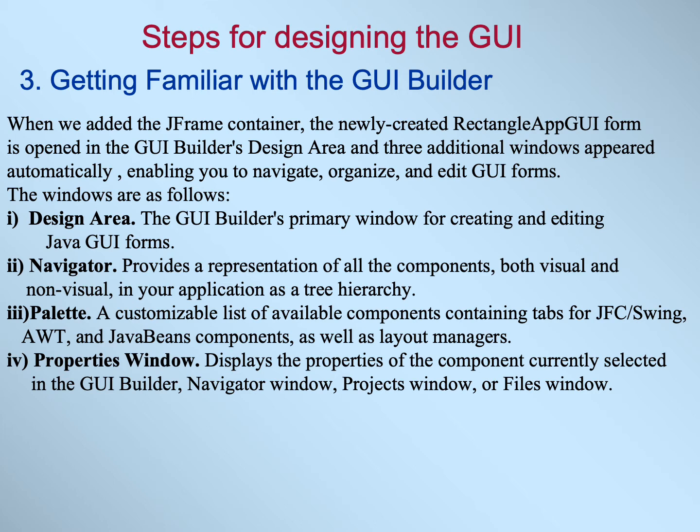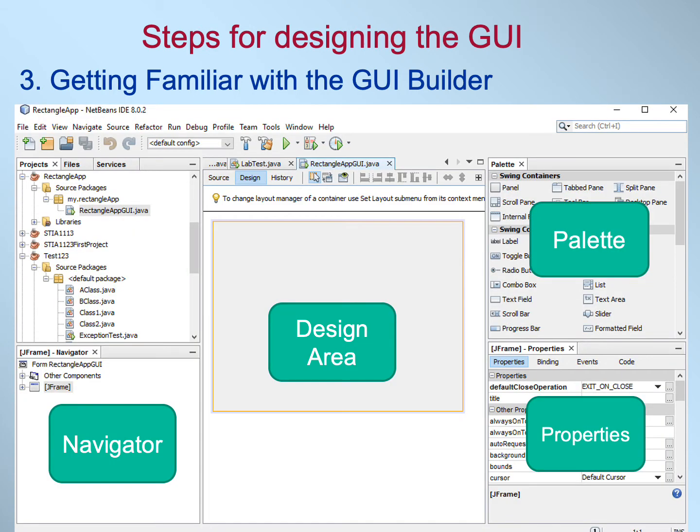There's also the Properties window that displays the properties of the component currently selected in the GUI Builder, Navigator window, Projects window, or Files window. This screenshot is showing you the different parts of it, where you have the Navigator, Design area, Palette, and also the Properties.